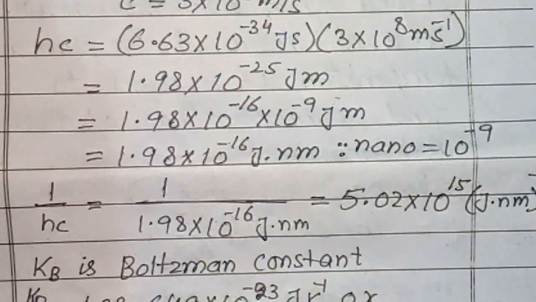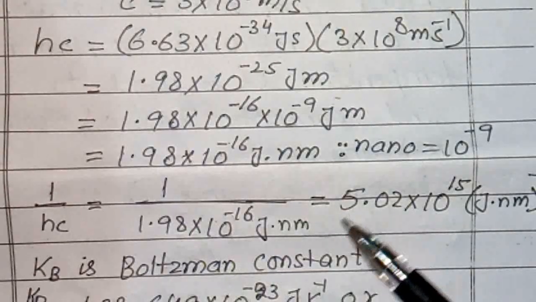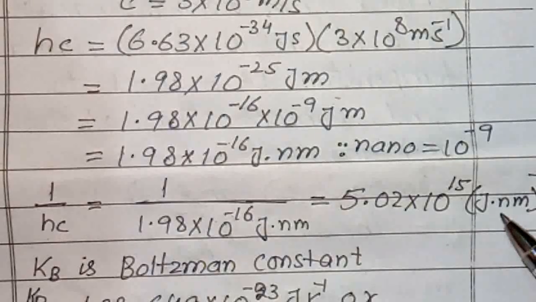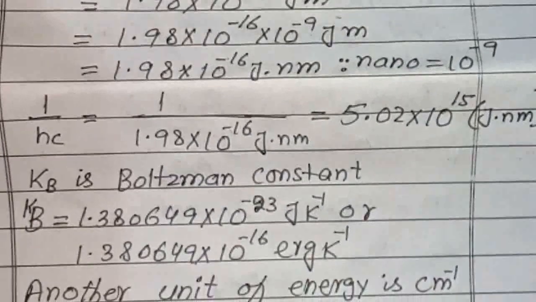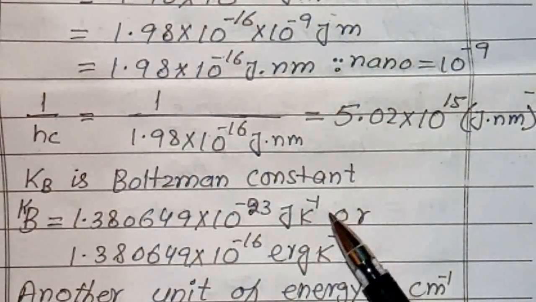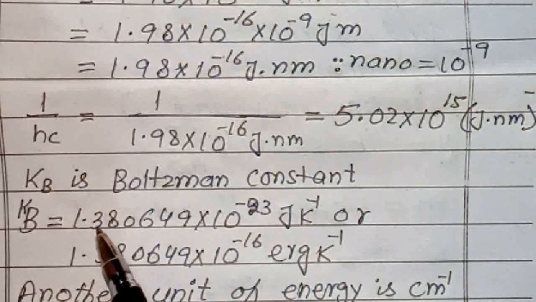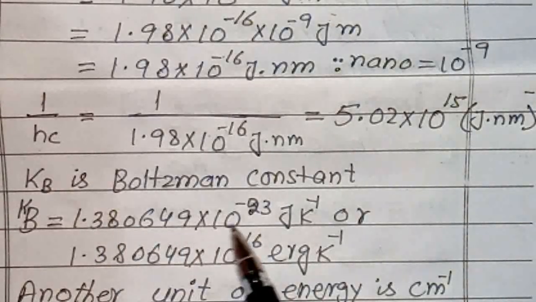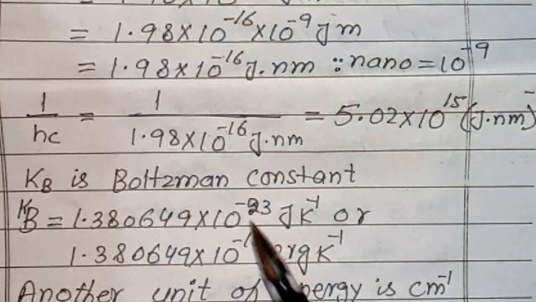Take inverse on both sides. 1 over hc is equal to 1 by this factor, which is equal to 5.02 into 10 power 15 joule nanometer inverse. And kB is the Boltzmann constant. In the unit of joule per Kelvin, kB is equal to 1.380649 into 10 power minus 23 joule per Kelvin.